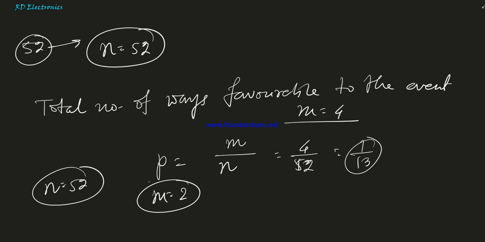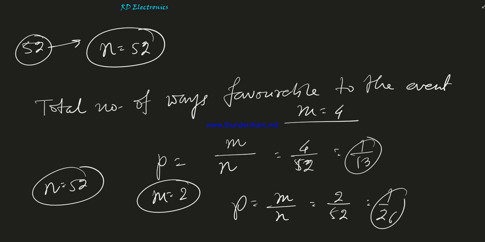So probability P equals m by n, which equals 2 by 52. That means the probability is 1 by 26. So this is our first problem related to the card playing game.